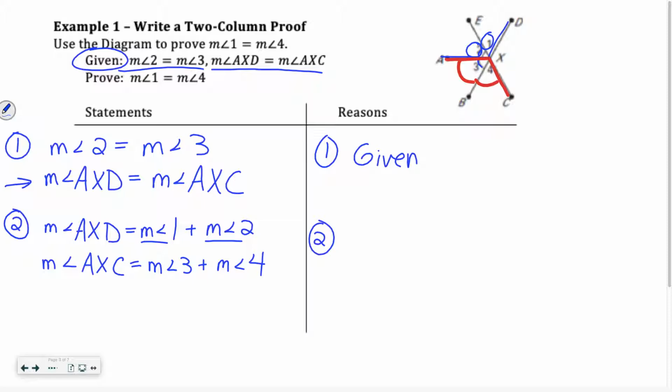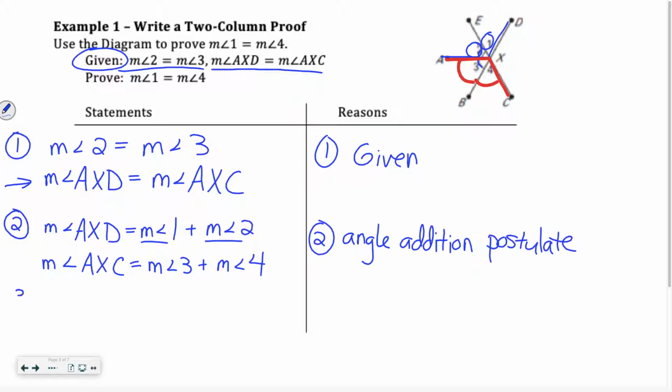So our reason is angle addition postulate. So step 2 was angle addition postulate. If you add up two angles, it equals a bigger angle.